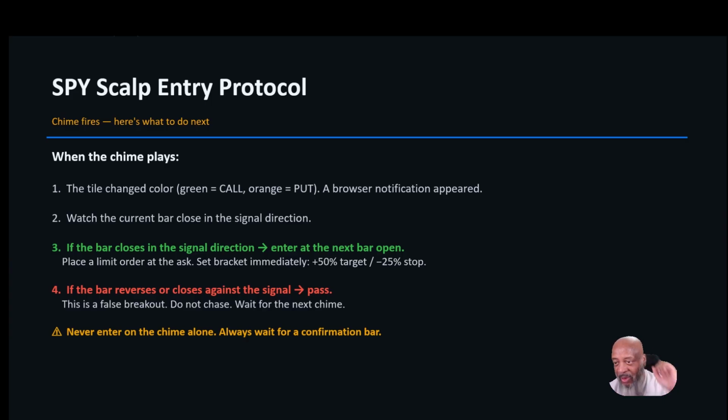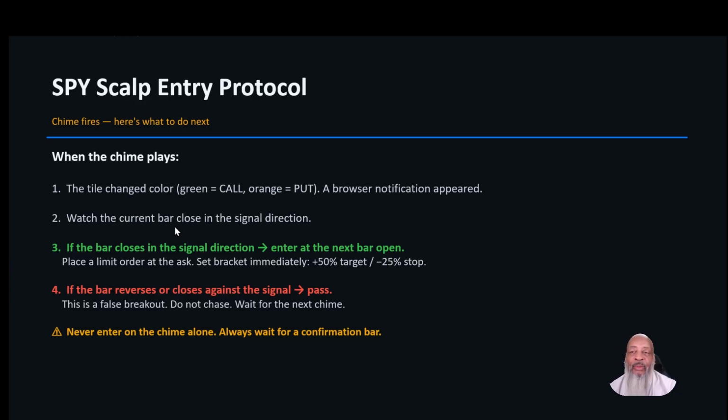That doesn't mean just go and click the button to buy something. No. What I've done is I've looked at it and saw where the support and resistance is and all of those good things. Look at it to see where it is. If the tile turns green, you're looking for a browser notification to appear. It'll just go ding ding. That noise is what you're going to hear.